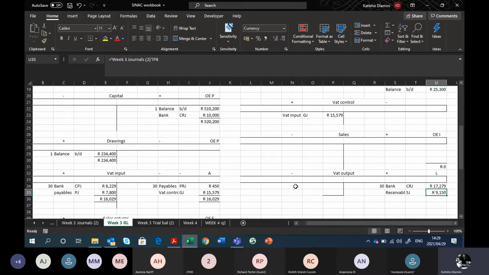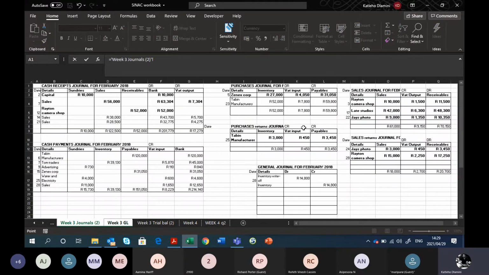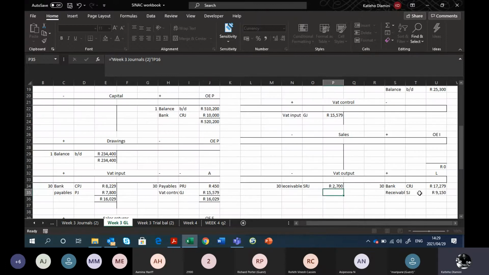Then we're going to come on this side, and it's also receivables. Sales returns journal. And here it is over there, the 2,700.